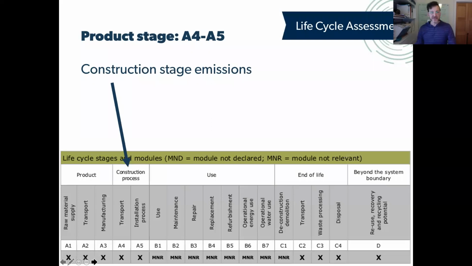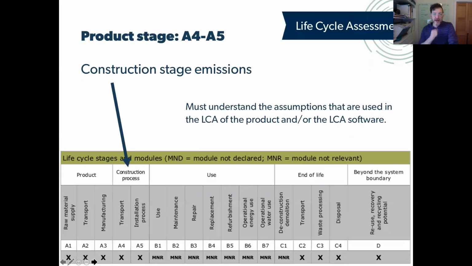The construction stage emissions are also really important, and depending on the kind of construction, where it's happening and what kind of processes are being used, can actually be a surprisingly big piece of the puzzle here.